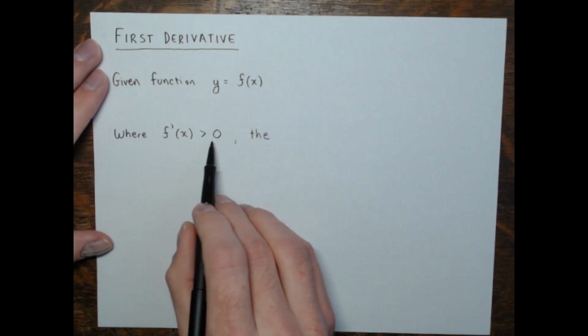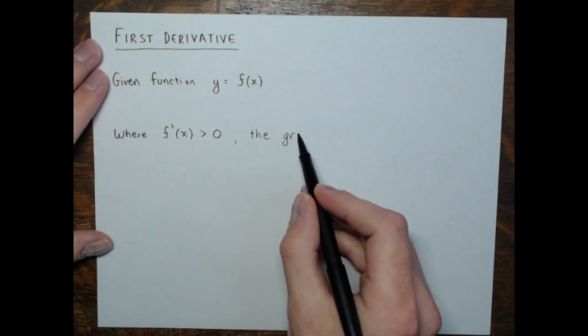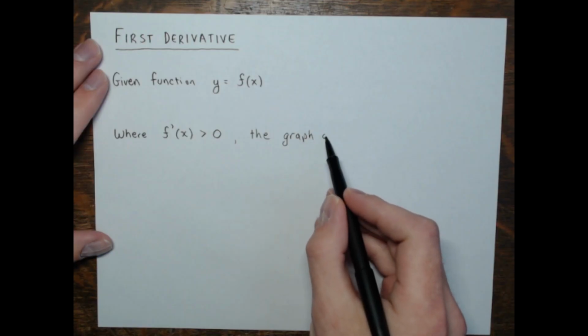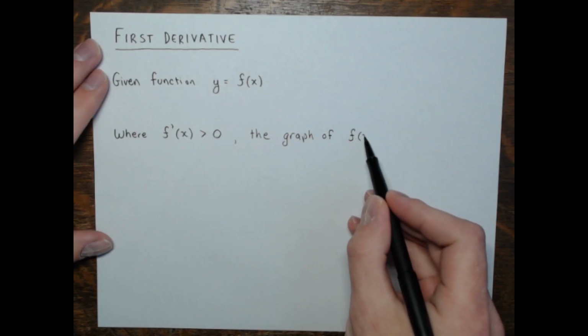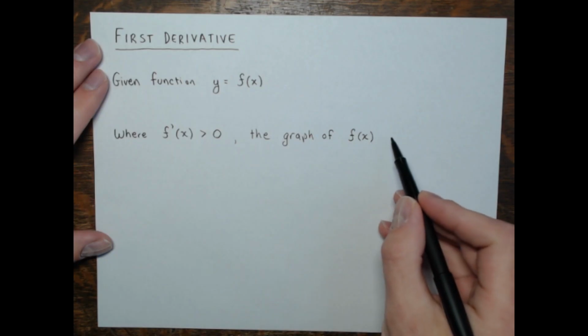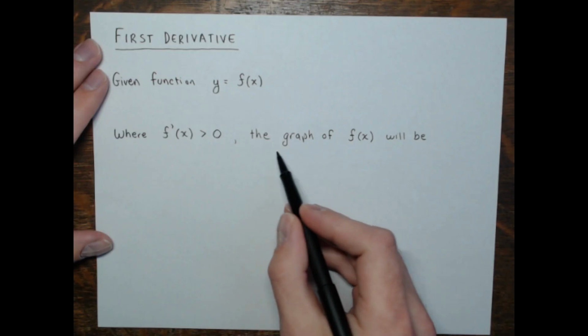So wherever the first derivative is positive, the graph of the original function, so the graph of just f, will be increasing.